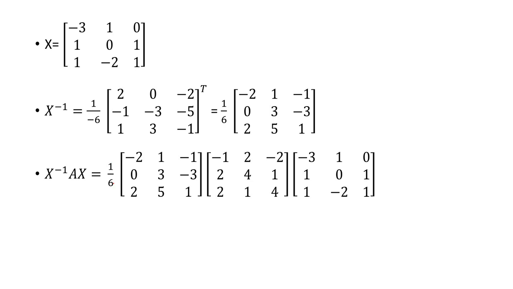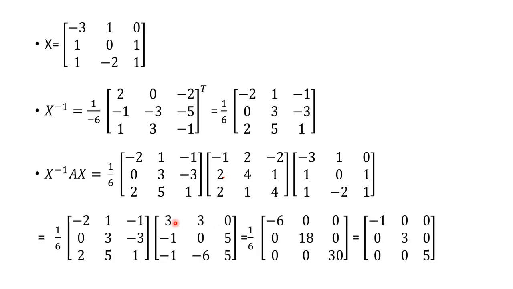X inverse AX is 1 by 6 into X inverse, which is minus 2, 1, minus 1, 0, 3, minus 3, 2, 5, 1, into A, our given matrix, minus 1, 2, minus 2, 2, 4, 1, 2, 1, 4, into our X, which is minus 3, 1, 0, 1, 0, 1, 1, minus 2, 1. And then you take the product.